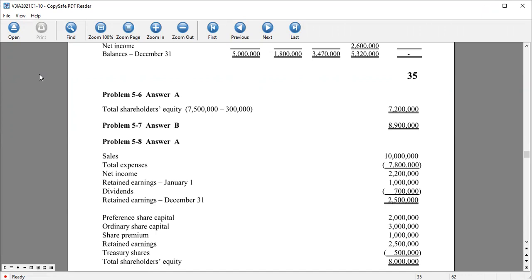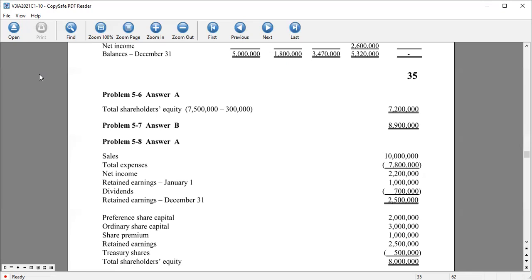Next, 5-7, the amount that should be reported as shareholders equity at year end. Again, we have answer B of 8.9 million. Okay, then we go to 5-8. What amount should be reported as shareholders' equity? So we begin from the given amount of sales and deduct the total expenses, the net income. We add retained earnings beginning, deduct dividends.